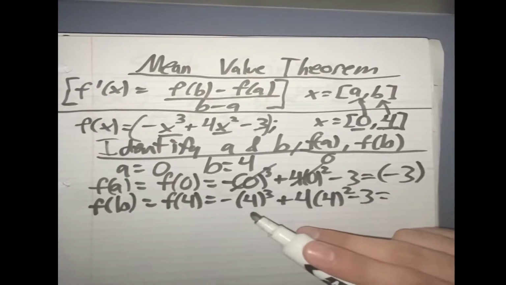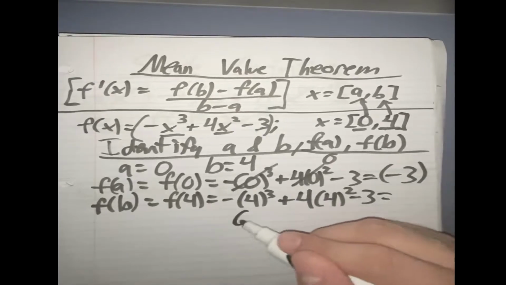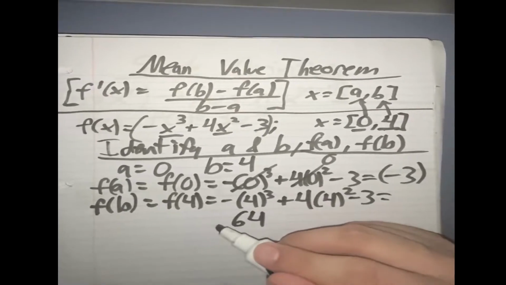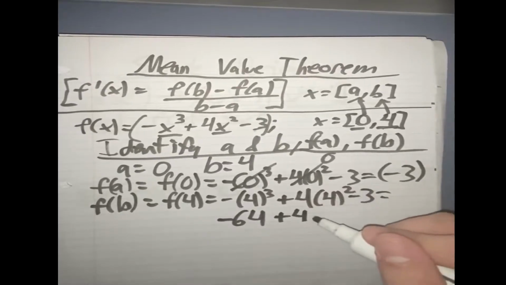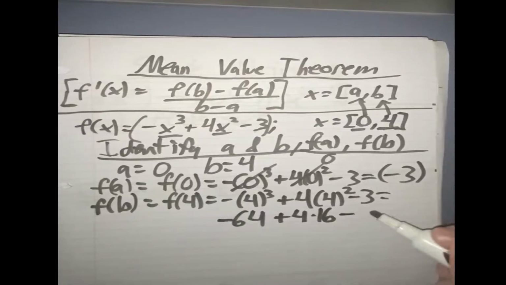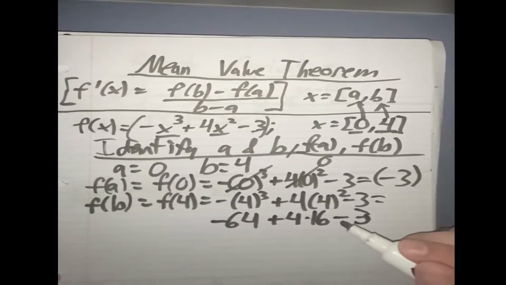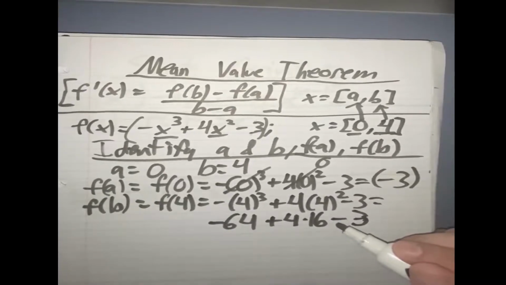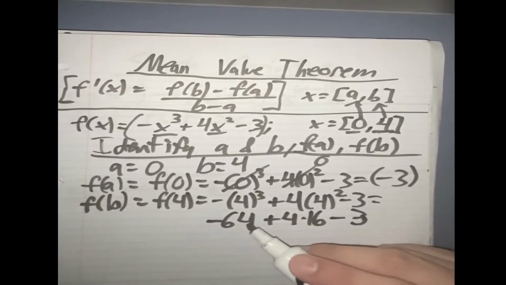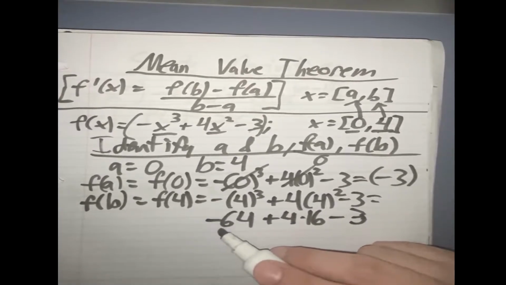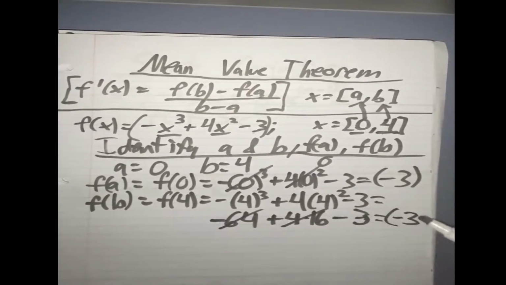We cube this and then we apply the minus sign. 4 cubed is 64, but then minus because we have a minus sign, plus 4 times 4 squared, so it's 4 times 16, minus 3. We know 16 times 4 is equal to positive 64, and then negative 64 is equal to 64 negative. So these cancel each other out, and we're left with f of B also equal to negative 3.